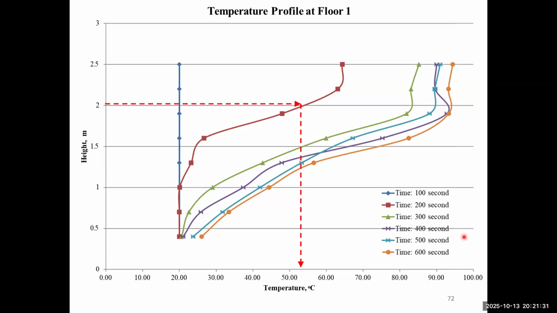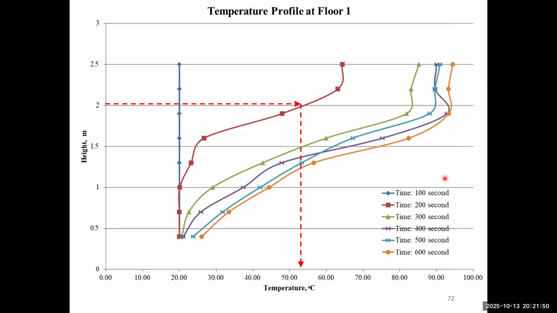The heat is banking down towards the floor. And the orange line is about 600 seconds. This line shows that the temperature is getting dangerously hot, even at head height.